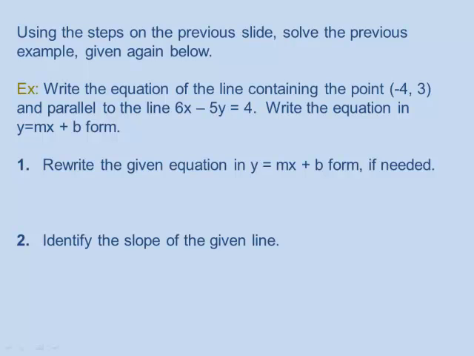Write the given equation, which is 6x minus 5y equals 4, in slope-intercept form. That's our first step. So start with what you're given. You've got 6x minus 5y equals 4. We want to isolate our y, so we're going to subtract 6x from both sides.